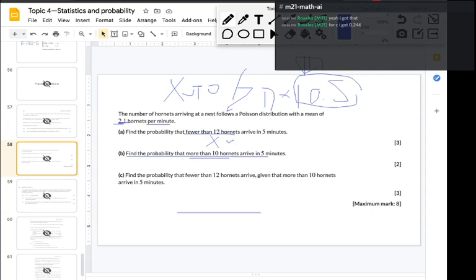Given that more than 10 hornets, which is B, the probability of more than 10, they're trying to look for fewer than 12. So between more than 10, that would be 11, and fewer than 12, that's the probability of 11 hornets only. So it's just the probability of 11 over the probability of more than 10. That would be your final result. That's pretty much it for this question.